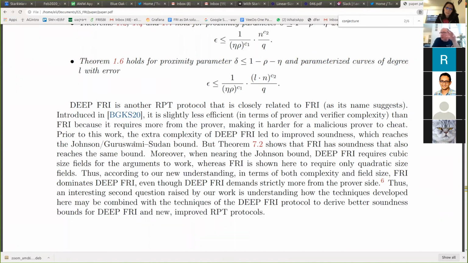There are two kinds of repetition. One is repeating just the query phase without invoking the FRI commit phase again. And that works very well and is well understood.